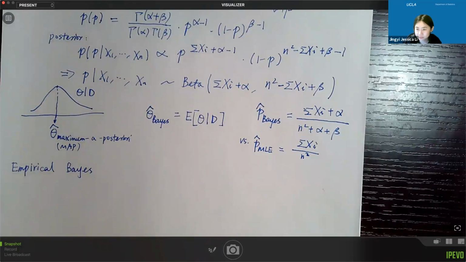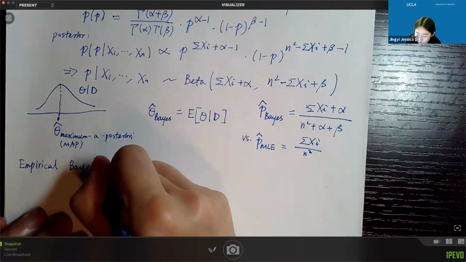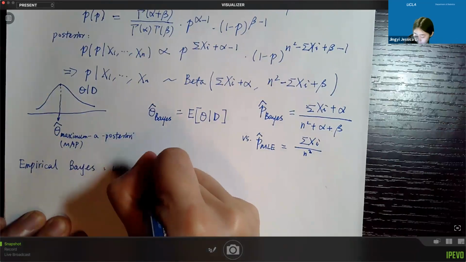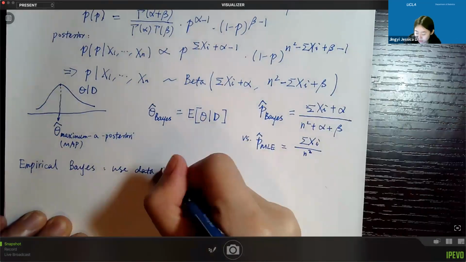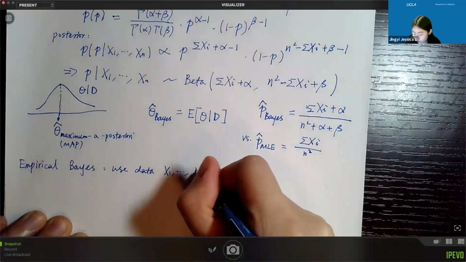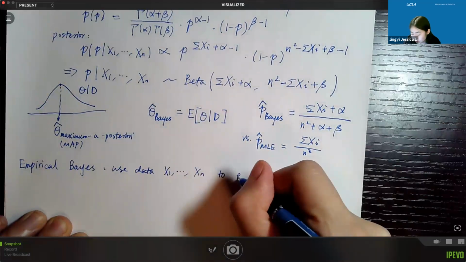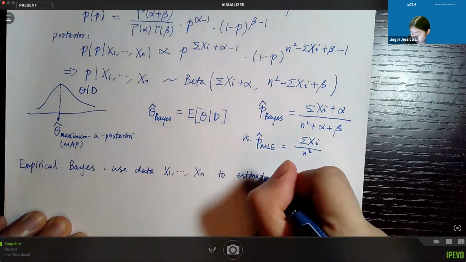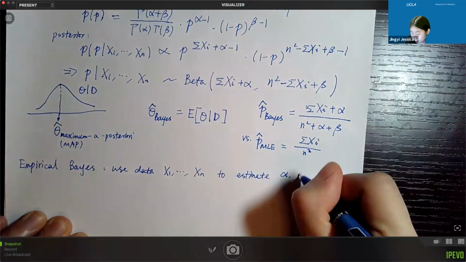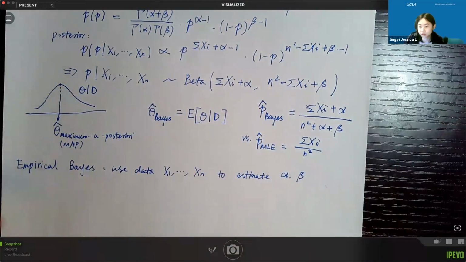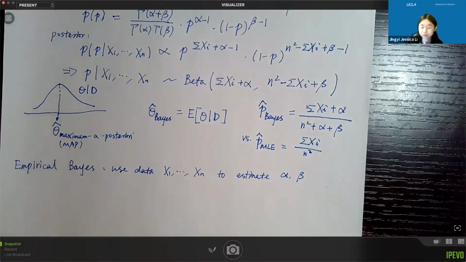Let me just make it simpler for you. Empirical Bayes means that you use data, in this specific example x1 to xn, to estimate alpha and beta. In other words, the prior parameters alpha and beta also come from your data.